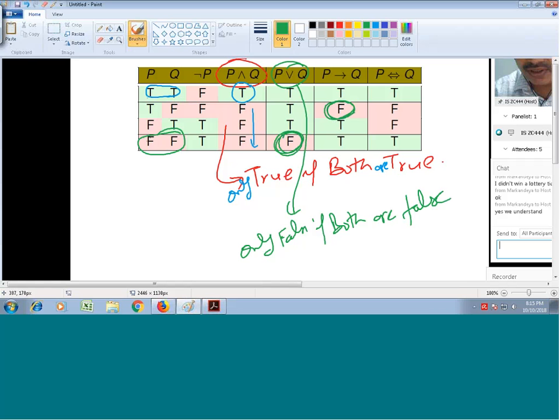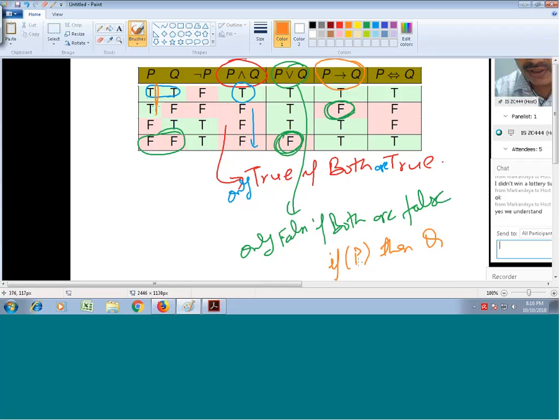P implies Q. This is a very important thing. It actually says if P then Q. Here the condition is very different. What is the problem?